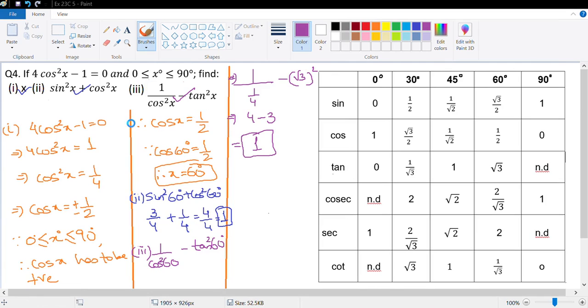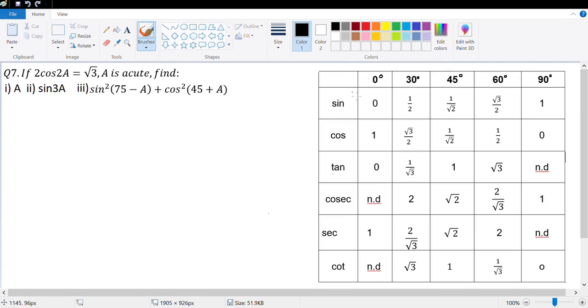The next question that we do is question number 7. It says 2 cos 2a is equal to root 3 and a is acute. So again it is between 0 and 90 degree. So this means 2 cos 2a is equal to root 3, which means cos 2a is equal to root 3 upon 2.